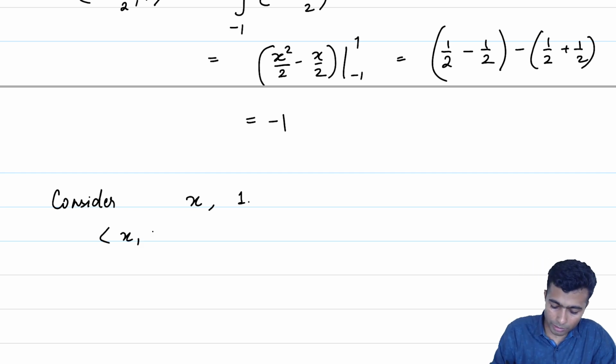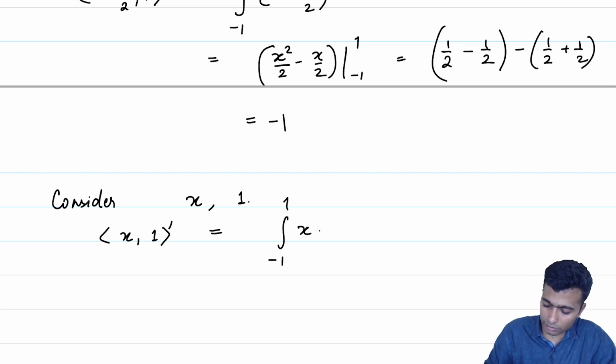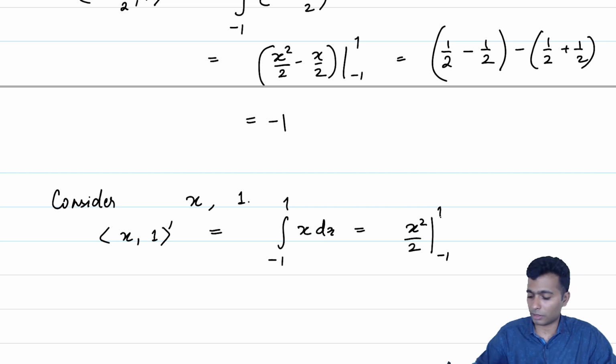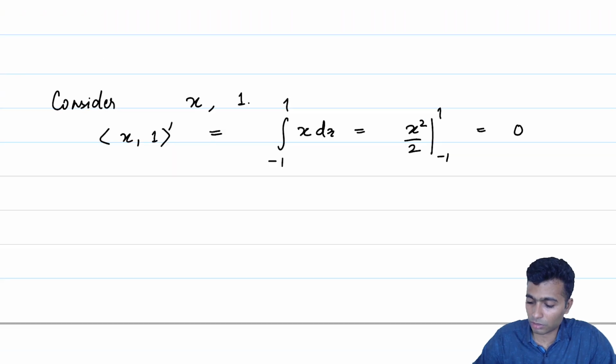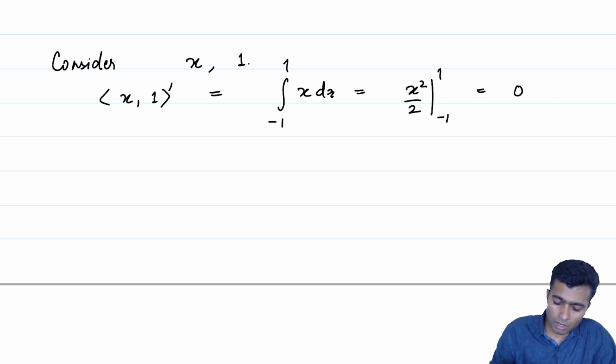The inner product of x with 1, with a prime, is the integral from minus 1 to 1 of x dx, which is equal to x square by 2 evaluated from minus 1 to 1. That's a definite integral which is just going to be 0. So yes, x and 1 are orthogonal to each other with respect to the second inner product.